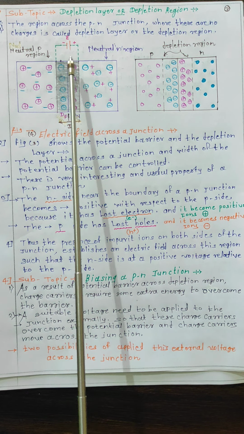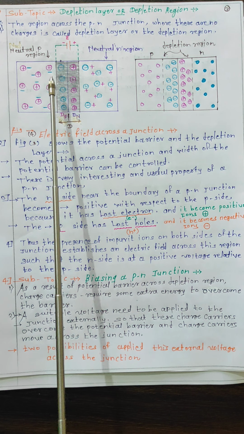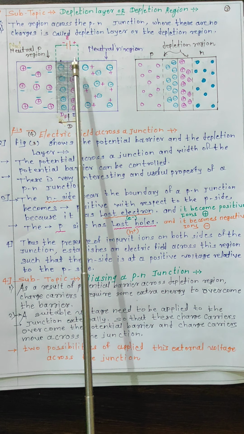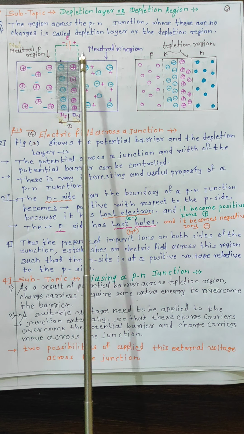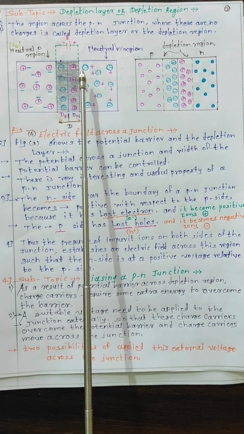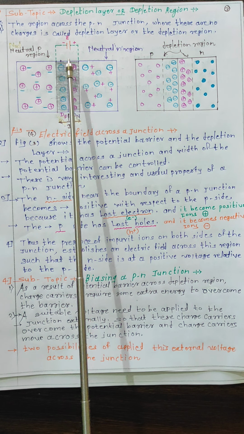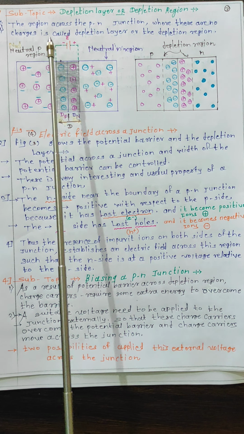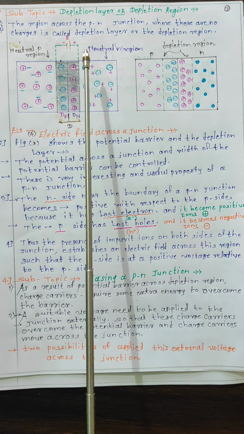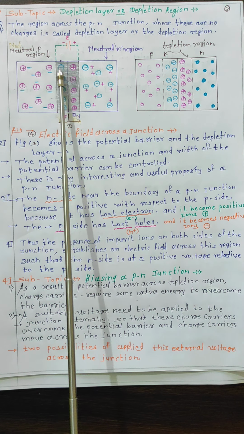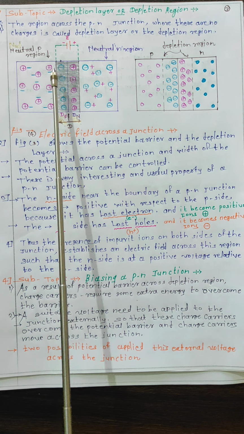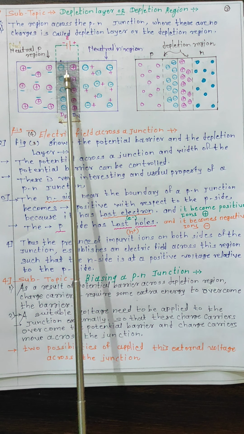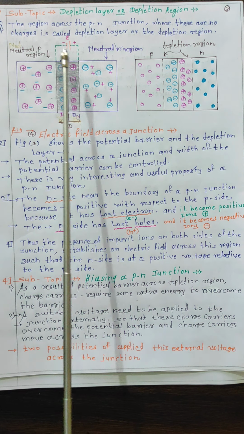That means in this figure a potential barrier is formed. In this barrier there are positive ions on the n side, and this region is at positive, that is high, potential, and there are negative ions in the p region, which is at low potential. So a potential barrier is formed.